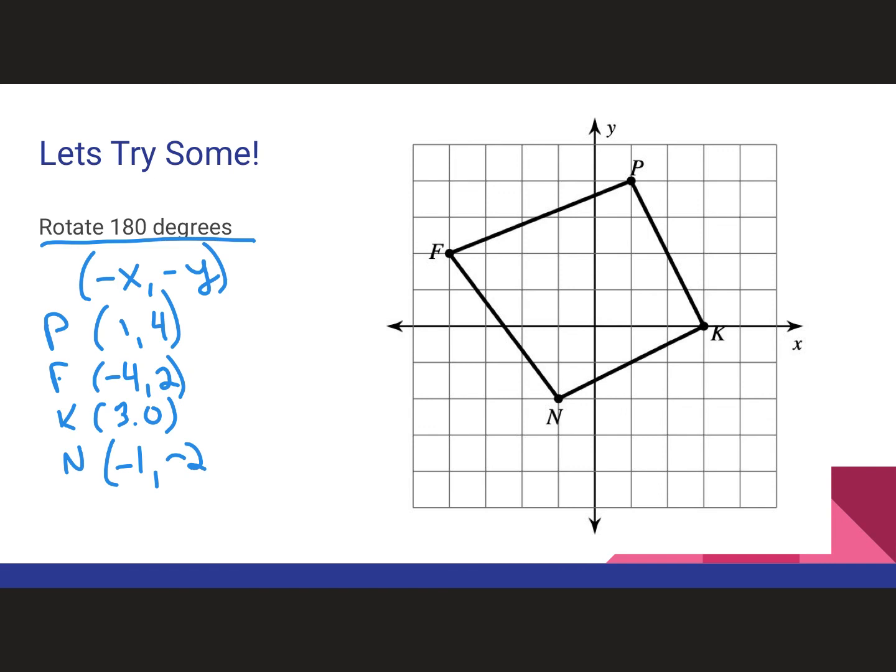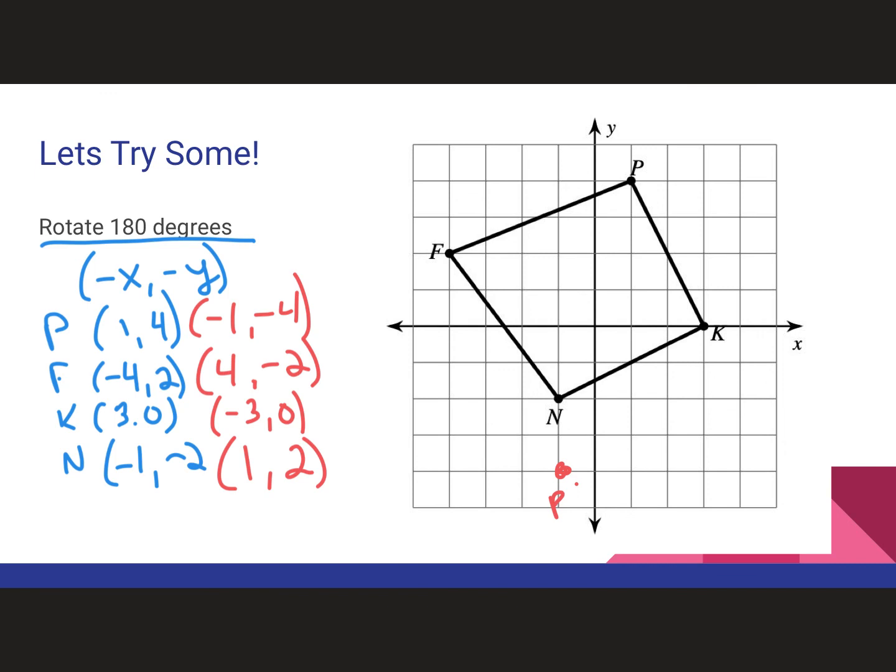Sorry. Ooh, wow. Let's try that again. Those points become (-1, -4), (4, -2), (-3, 0), and (1, 2). Okay, so let's plot these points. P goes to (-1, -4), which is right here.